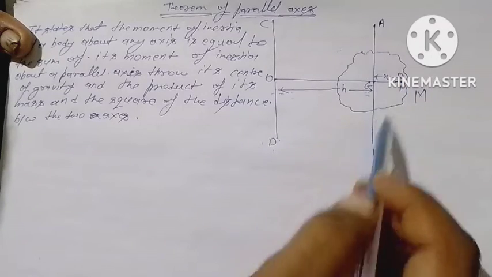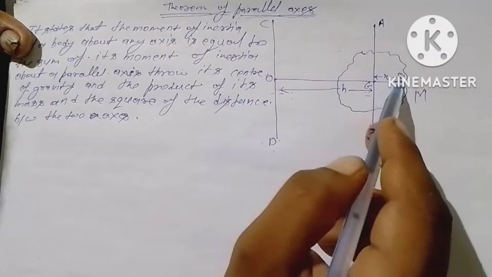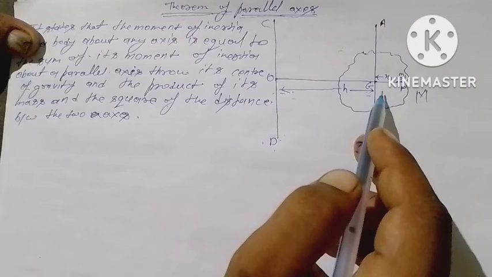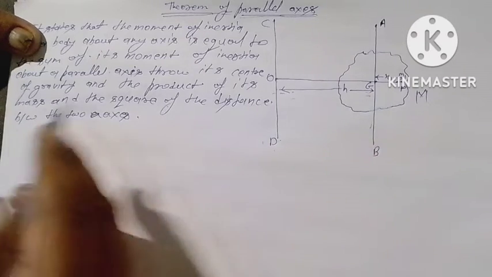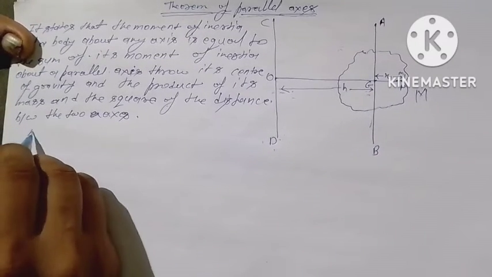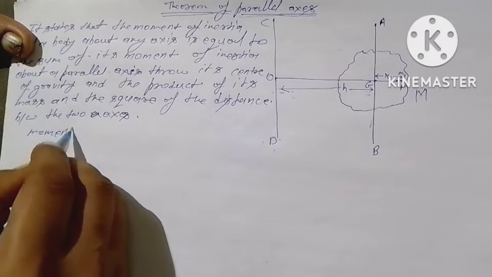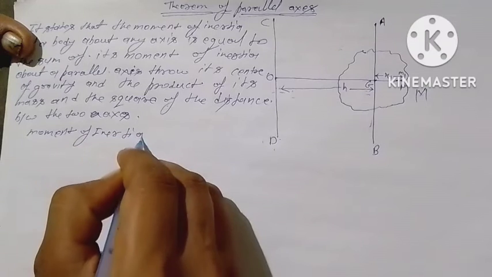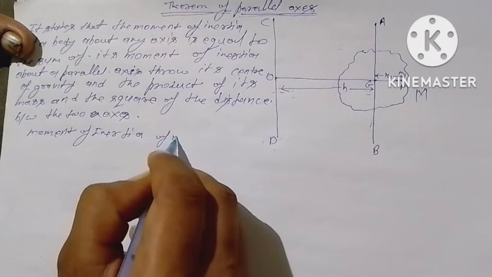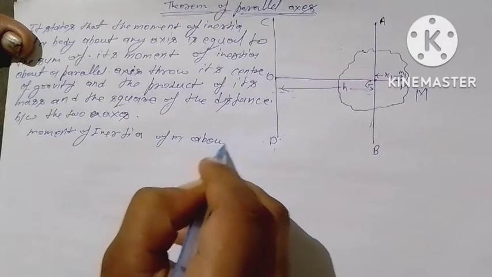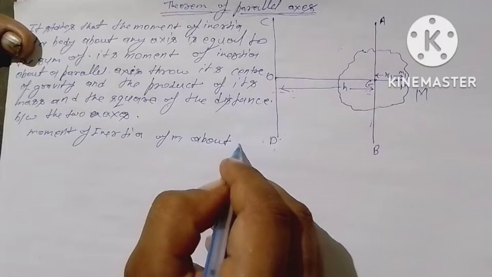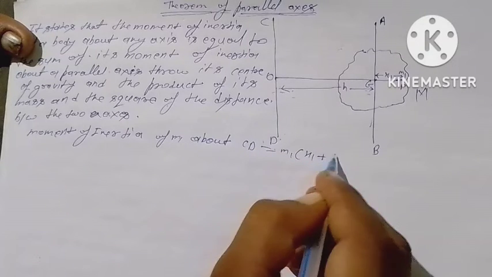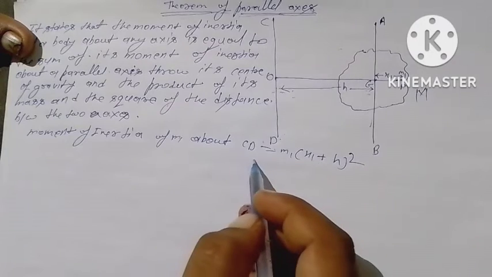The moment of inertia of m1 about CD is equal to m1 (x1 plus h) whole square.